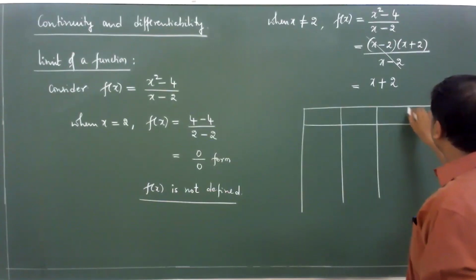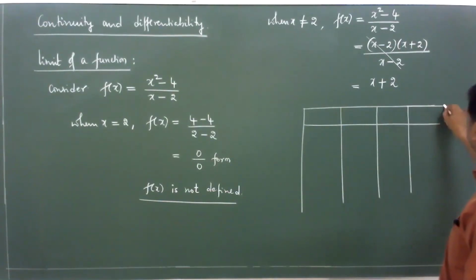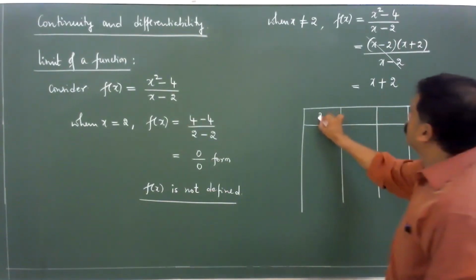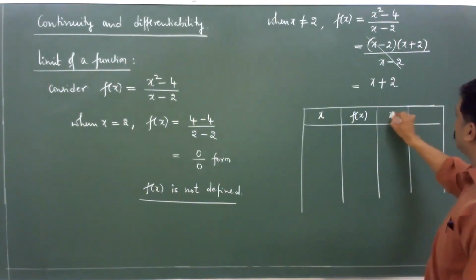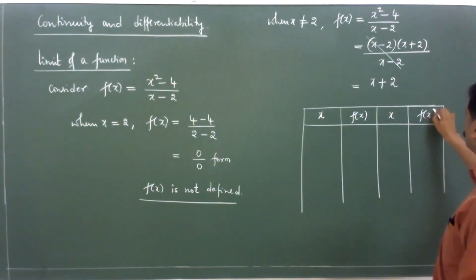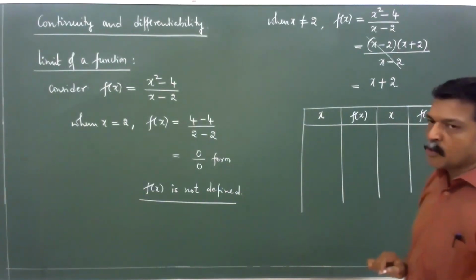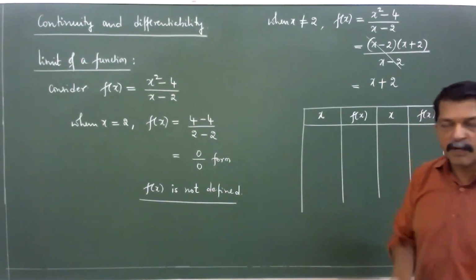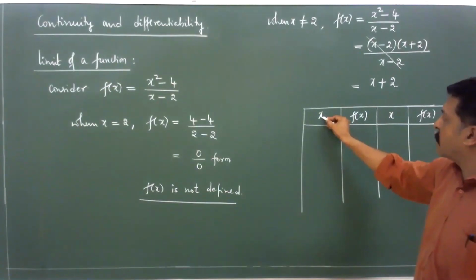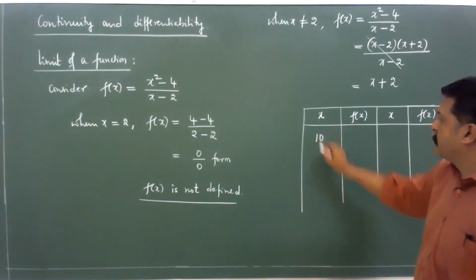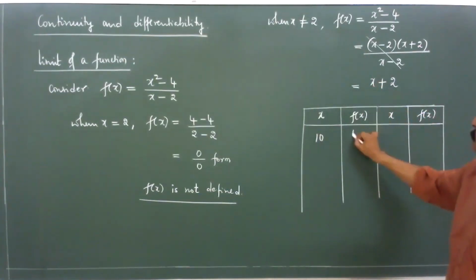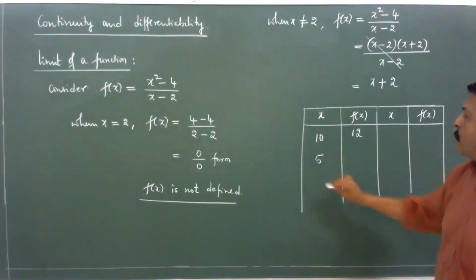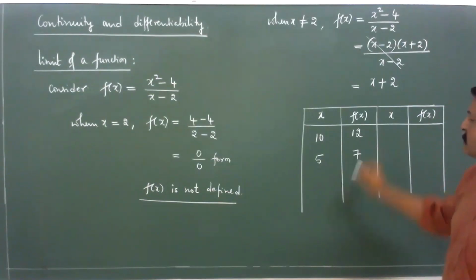We know that the function is not defined at x is equal to 2. So let us see what happens when you give values of x which are close to 2. Close is a relative word, so I'll simply start values of x from say 10. If x is equal to 10, the value of the function is 12. Then I'll give 5, the value of the function is 7.